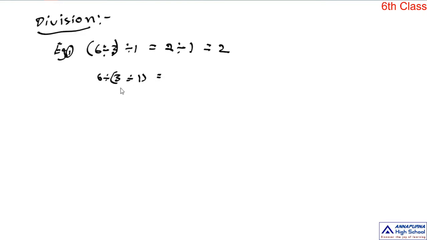Next, when we divide 3 by 1, 3 by 1 means 3. Next we divide 6 by 3. 6 by 3, 3 2s are 6. That is the result. These two are the same.